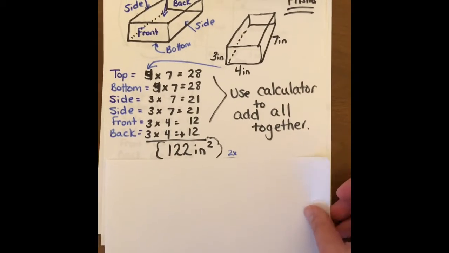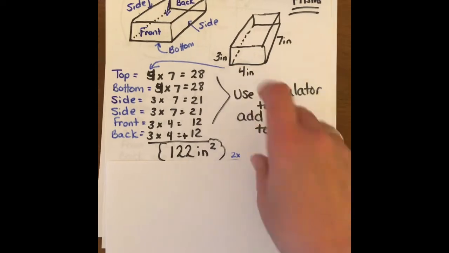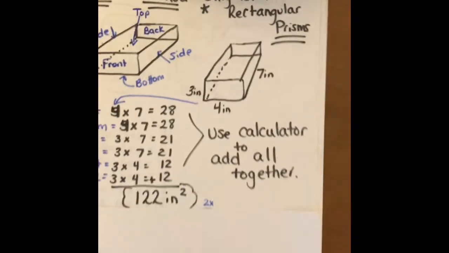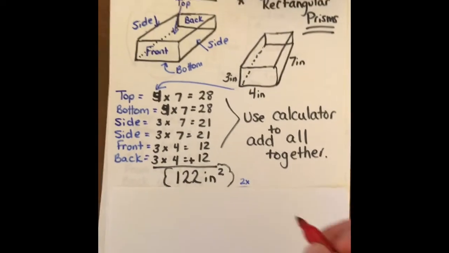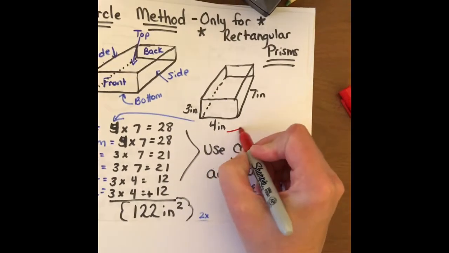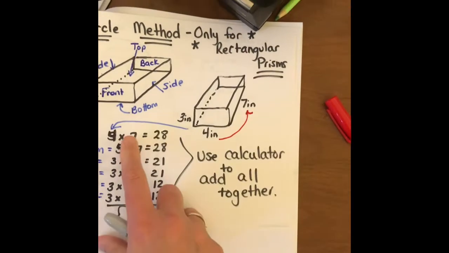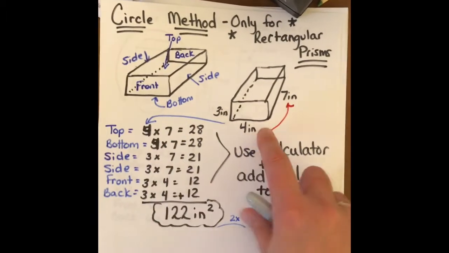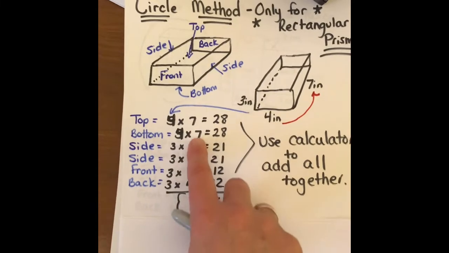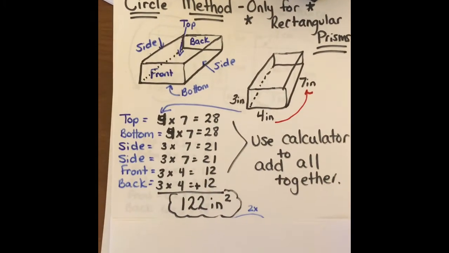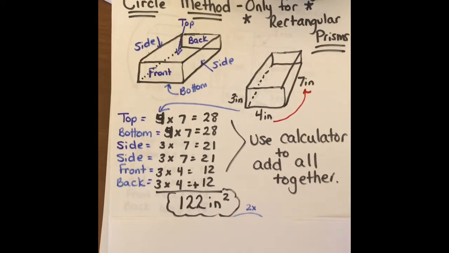So for this one, if I wanted to do the circle method, I would start here, and I would do 4 times 7 twice. So this is the first part of my circle, 4 times 7, and I have to do it 2 times because there's 2 of those on the figure.